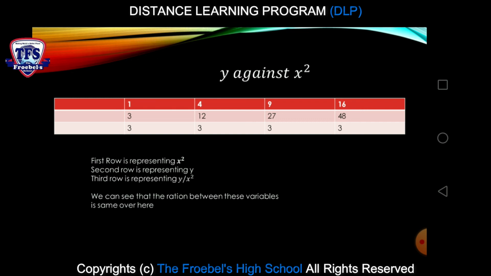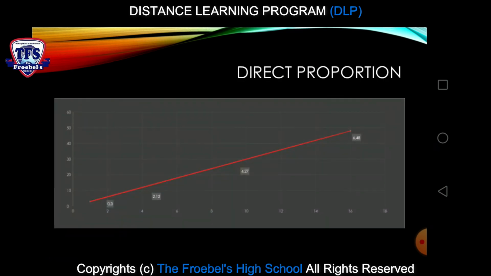The constant of proportionality should be constant, right? It should not be a variable. Yes, over here we can see that the constant of proportionality is 3. So if we plot these values, we can see that this is a straight line.